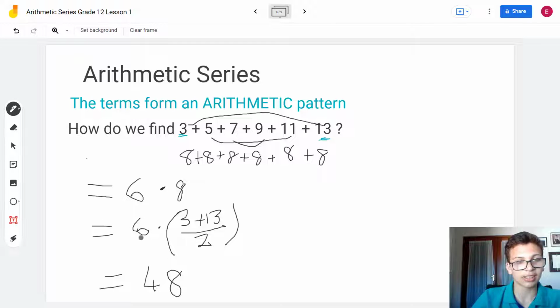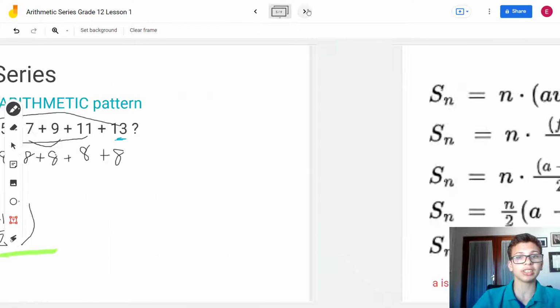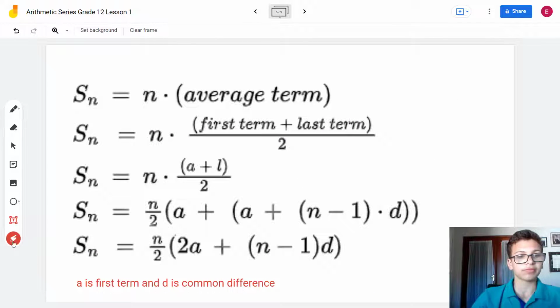However, keep in mind this form of it, because for the general formula we're going to be using something very similar. So how do we do the general form? Well, Sn, which is the sum of the first n terms, will just be n times the average term, right? What is the term on average?